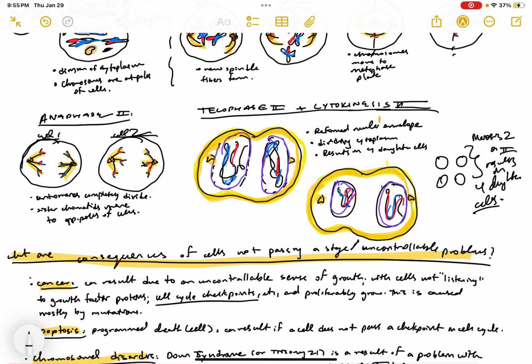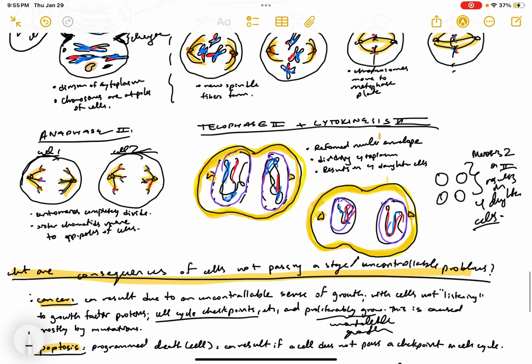Those are what the cell cycle checkpoints check in a cell before it passes on to the next stage. Otherwise it can grow uncontrollably, which is what proliferative growth means. That causes cancer. This is caused mostly by mutation. So a mutation can cause cancer.